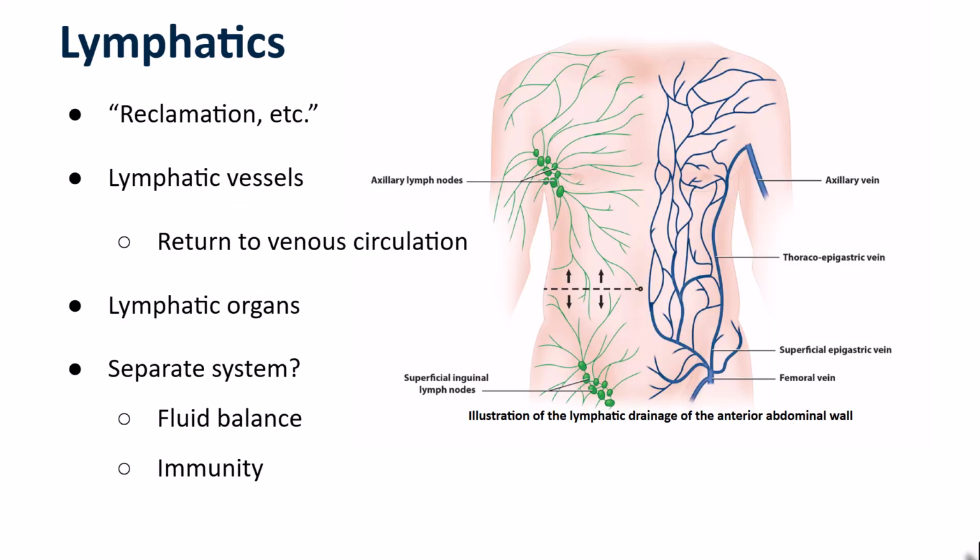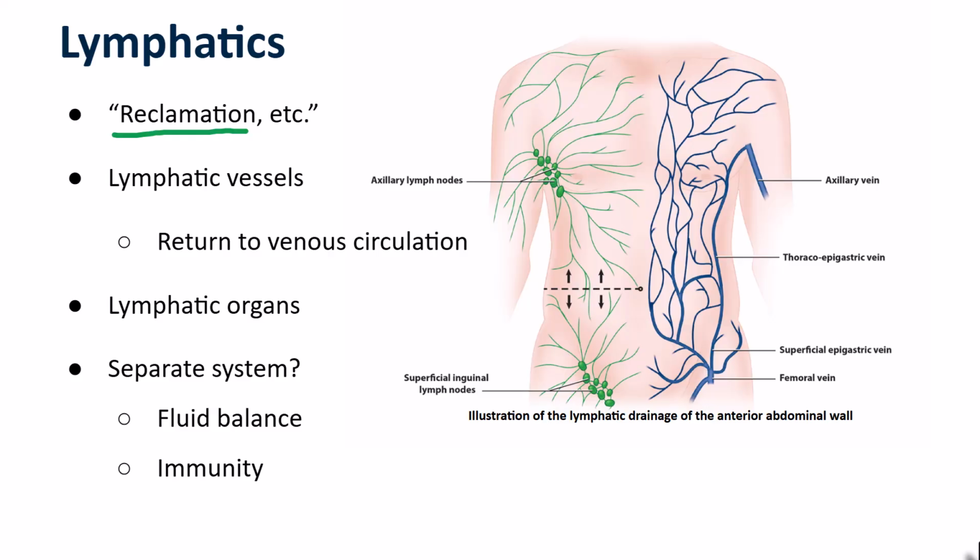And then finally, lymphatics. Lymphatics in the context of the cardiovascular system are all about reclamation of fluid. They pick up that excess filtrate at the level of the interstitial fluid that the capillaries do not reabsorb, and they deliver it back to venous circulation in the thorax.